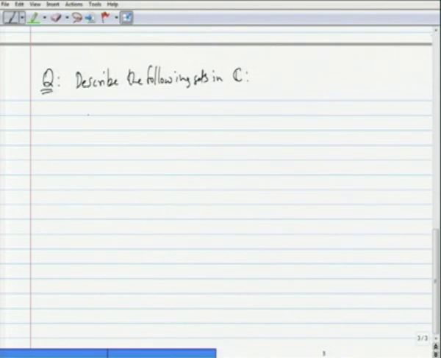The first example is the real part of the modulus of z is equal to the real part of z plus 1. And then the second set is the set of all z such that z to the power n minus 1 is equal to the conjugate of z.